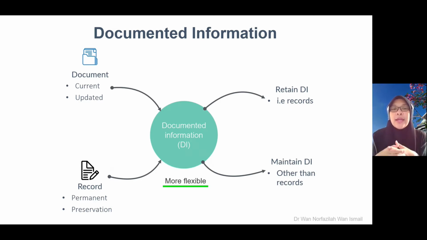So that one is already documented information. Tak semestinya you kena letak dalam file cantik-cantik. Dulu kena ada specific files. But now you letak je kat mana-mana. Bila auditor datang tanya employee what is the objective of the company, dia tengok je dekat casing belakang tu, dia baca, that one is already fulfilling the requirements of ISO. So that is documented information.